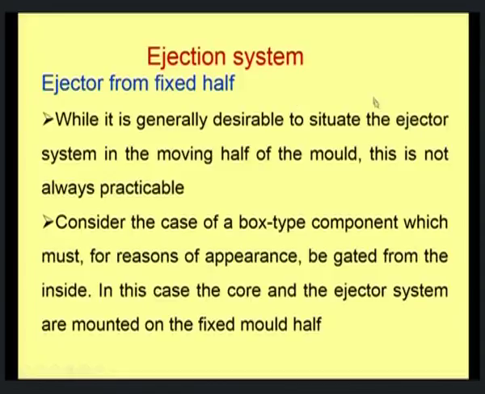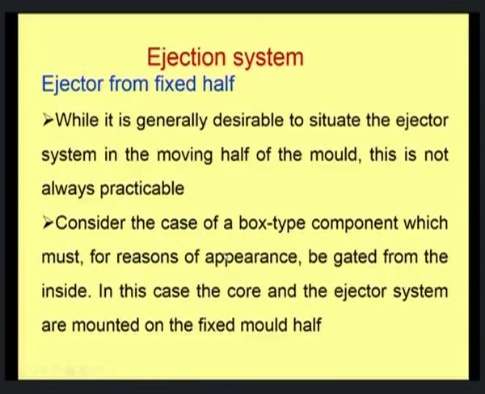While it is generally desirable to situate the ejector system in the moving off of the mold, in some cases, based on the product shape, this is not always practicable. Now for example, let us consider a box type component which must, for reasons of appearance, have no surface irregularities that are tolerable.